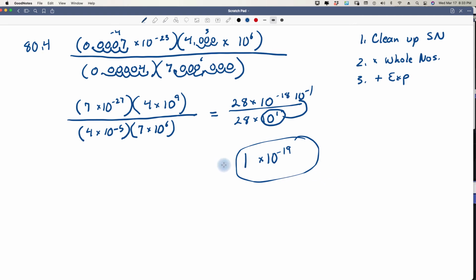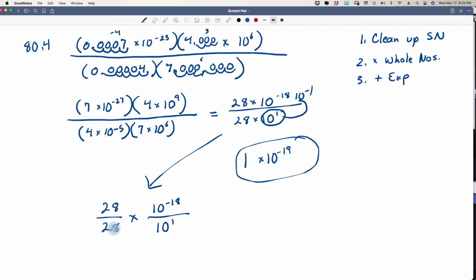Now there's a technique that you can use when you divide here. You can rewrite your problem as the whole numbers over the whole numbers and the base over the base. And that'll make it easier to see what you have to do. It works exactly the same way.